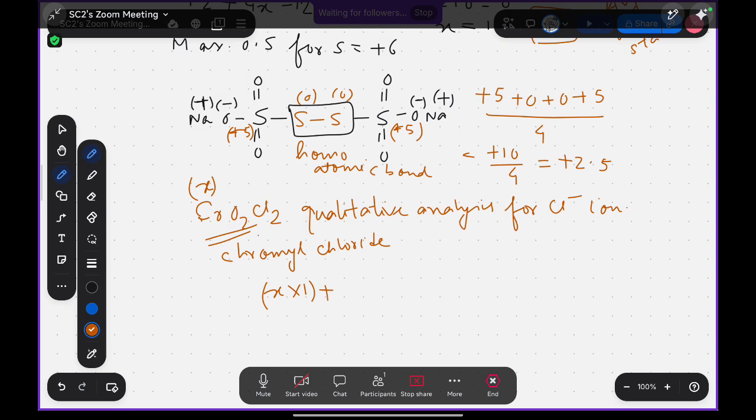If it is not within the range, we will consider something else. So -2 into 2, always start with oxide consideration. If it is not within the range, we will move to the next, peroxo bond. Plus chloride, chromyl chloride means it is -1 into 2. Chloride means it is -1, right? And is equal to 0.